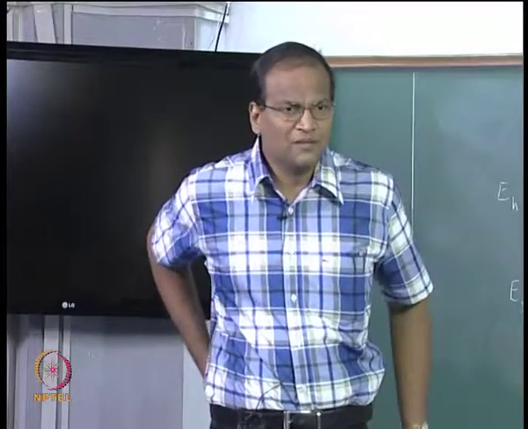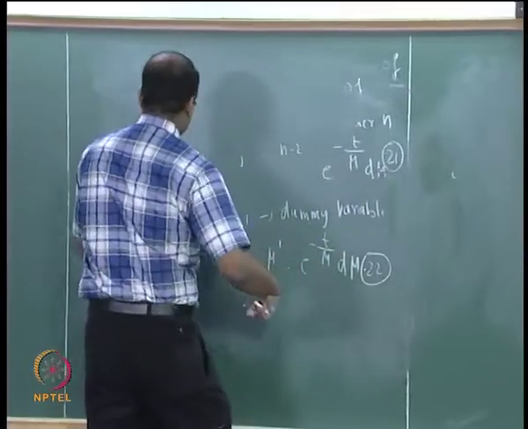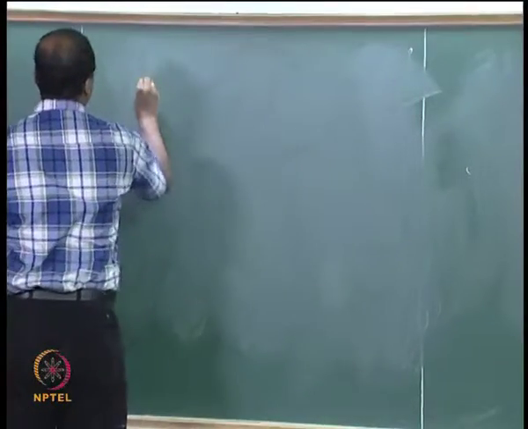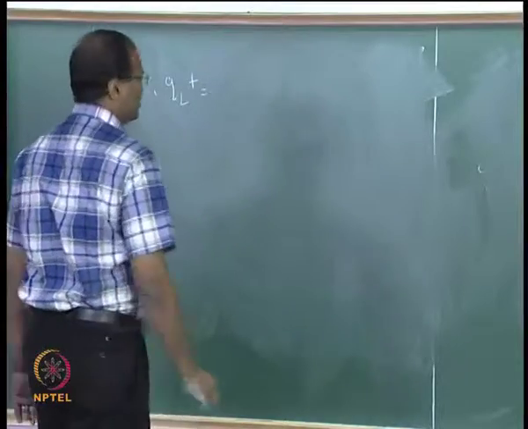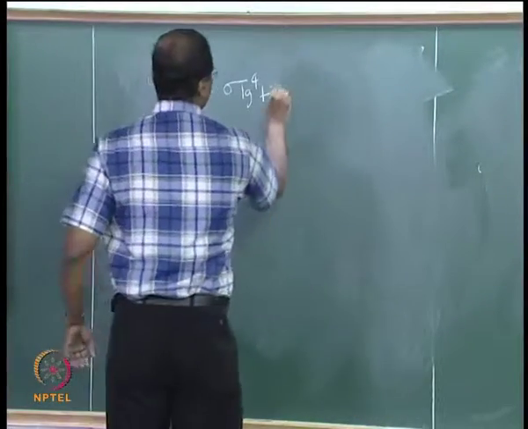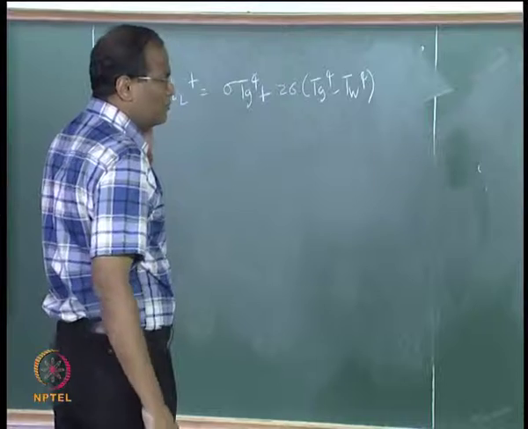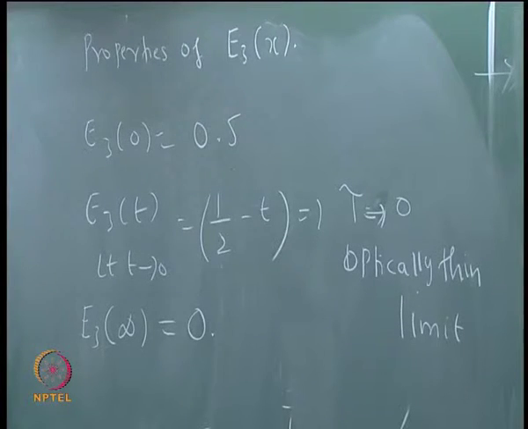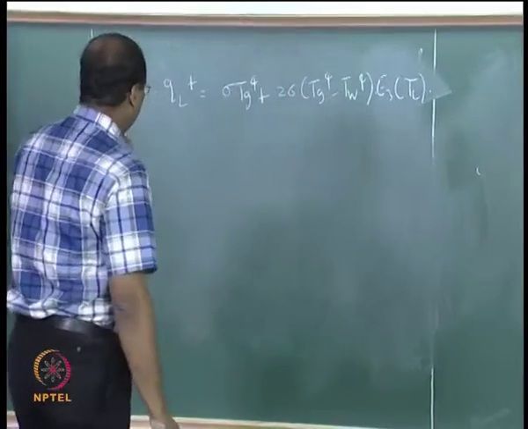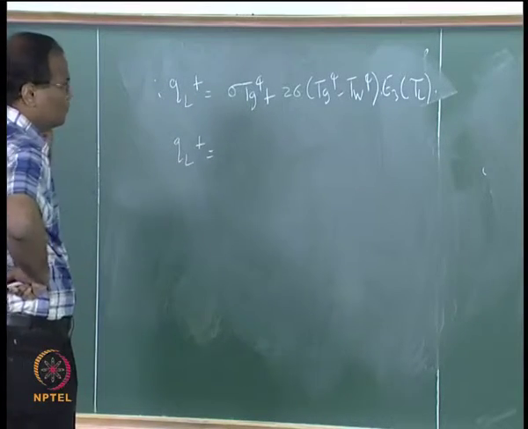Now you can write the general expression for QL plus. Can you write, therefore, QL plus is sigma, E3 of, that is all, E3 of, correct.